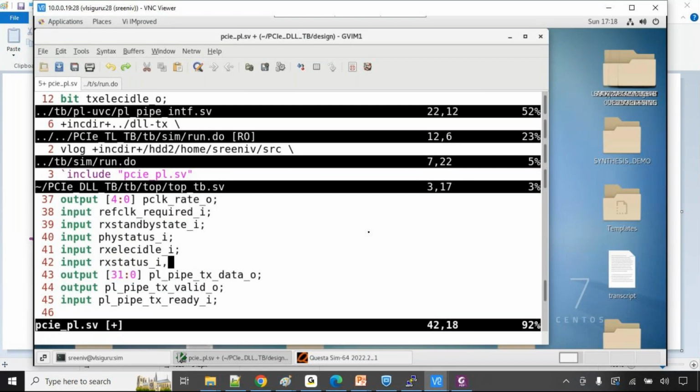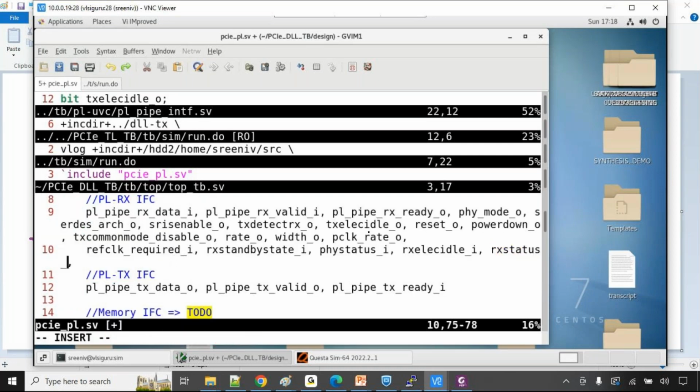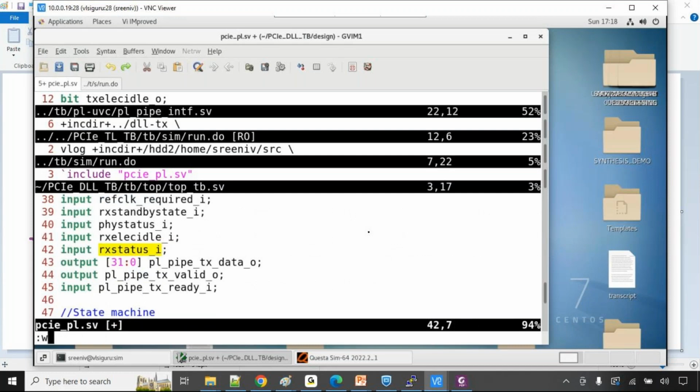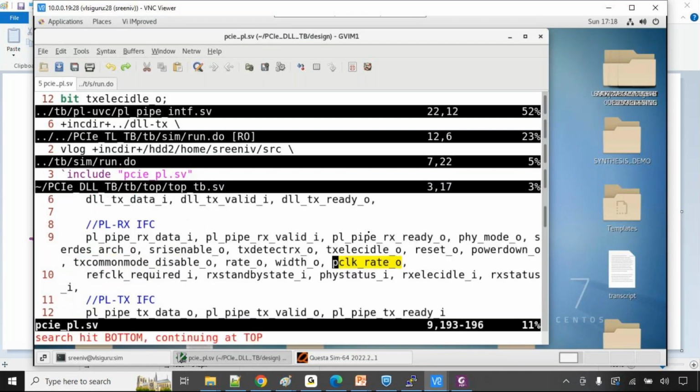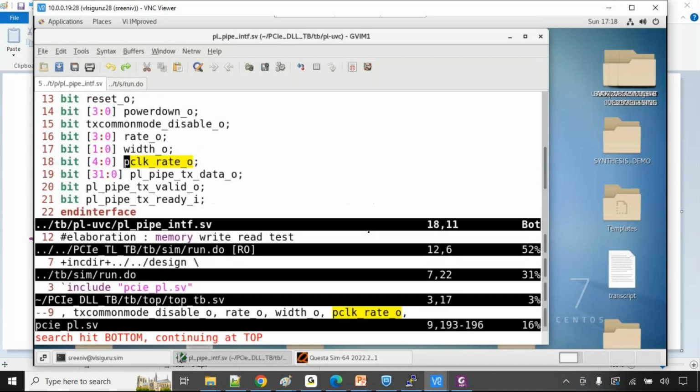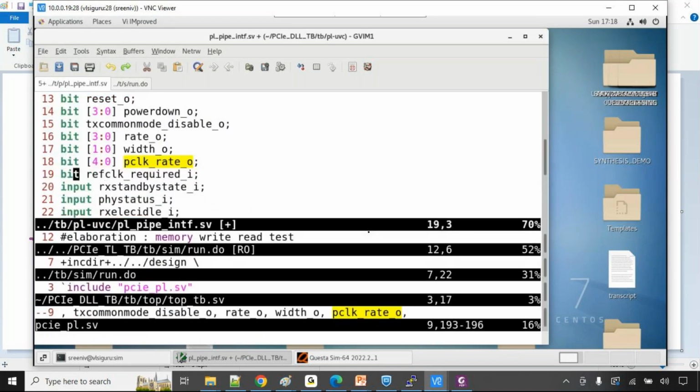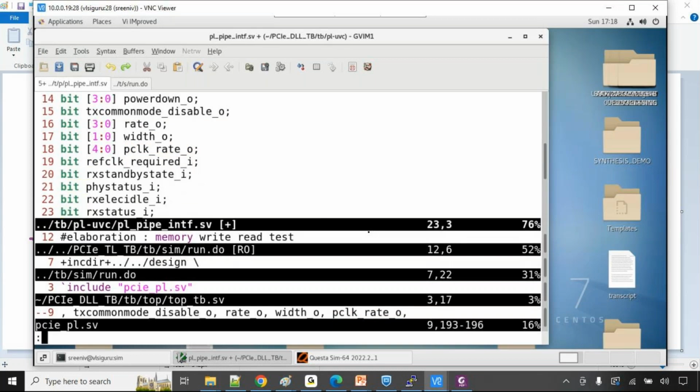Now I can just go and declare the signal sizes. RX status, right? Here also let's declare as underscore I. Next, I can copy these signals. See these 5 signals I haven't declared in the interface also. So here declare them as bit. Now I can run them and let's see.